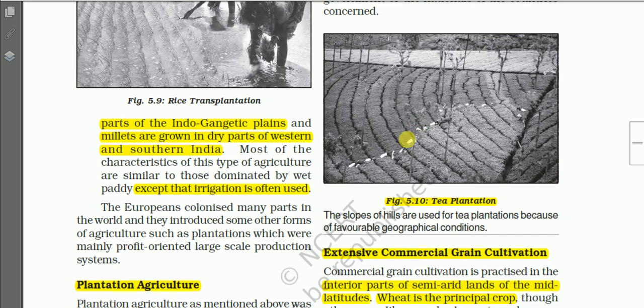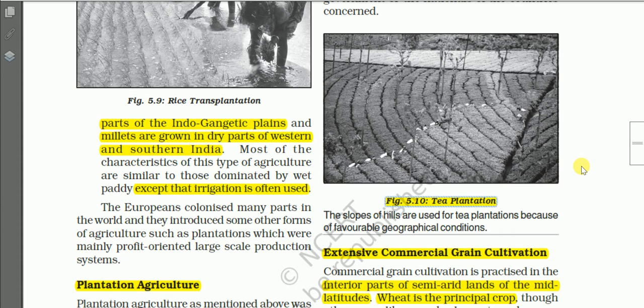So here in our book we also have tea plantation as an example. You must know that the slopes of hills are used for tea plantation because of favorable geographical conditions. Actually, tea plantation requires rolling ground.